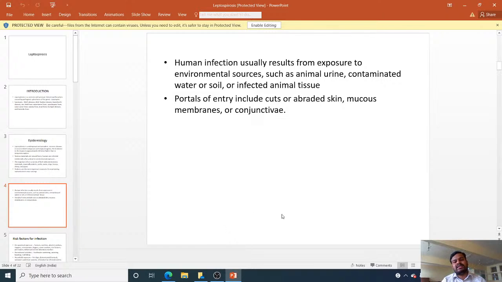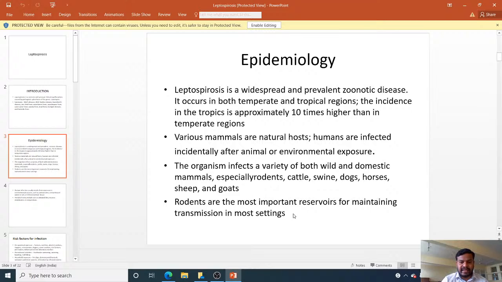Human infection usually results from exposure to environmental sources such as animal urine, contaminated water or soil, and infected animal tissue. If a person is exposed to substances like animal urine, contaminated water or soil, or infected animal tissue, as we have discussed, there are cattle, swine, dogs, horses, sheep, goats.